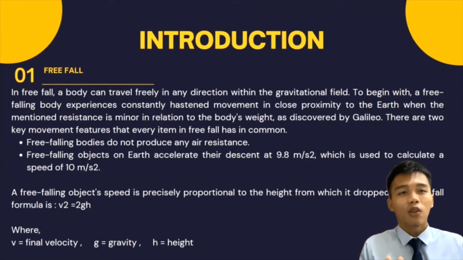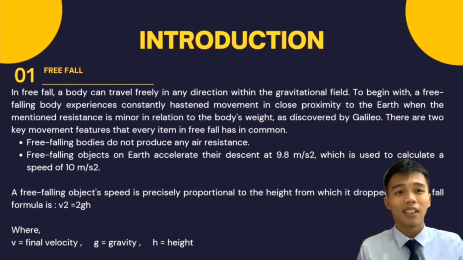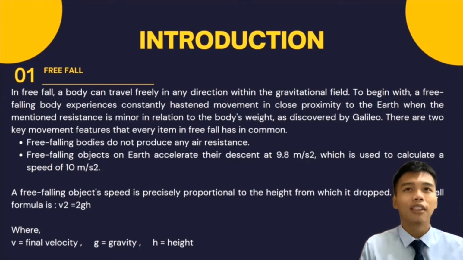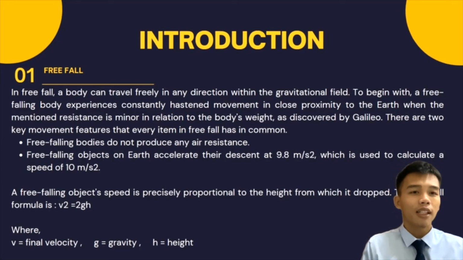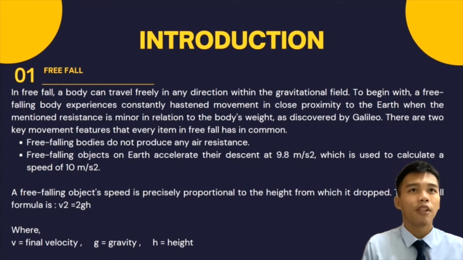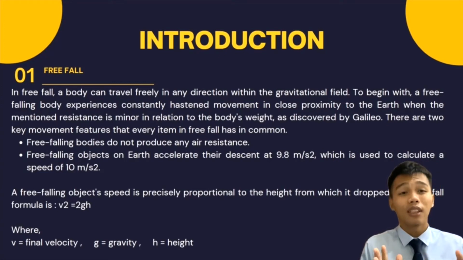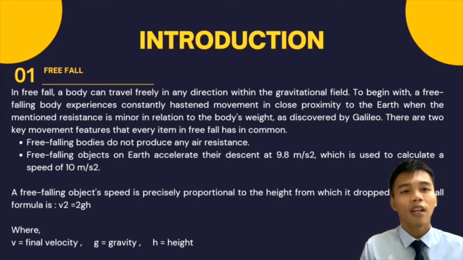There are 2 key movement features that every item in free fall has in common. Firstly, free-falling bodies do not experience air resistance, and secondly, free-falling objects on Earth accelerate their descent at 9.8 meters per second squared, which is often approximated as 10 meters per second squared.